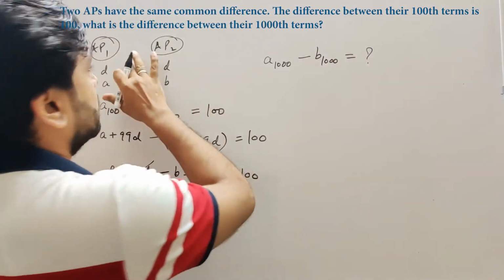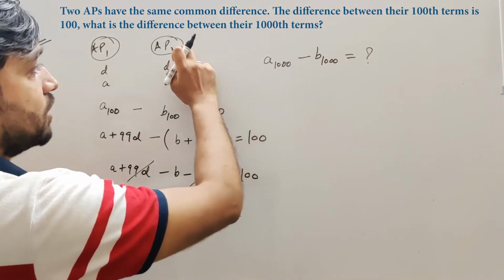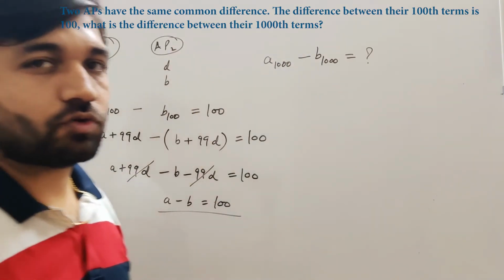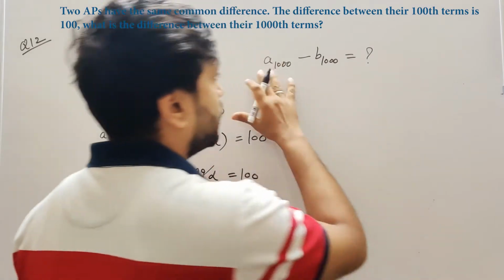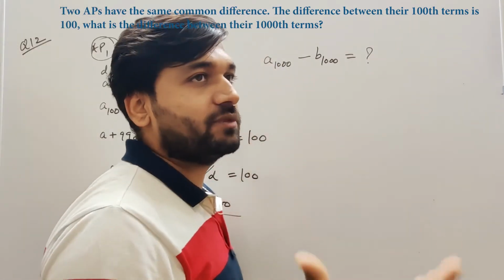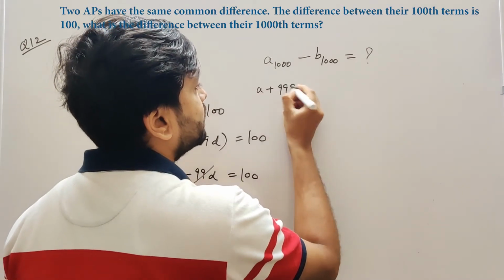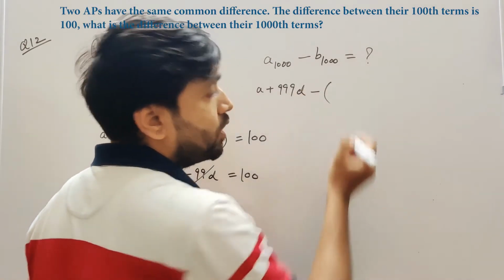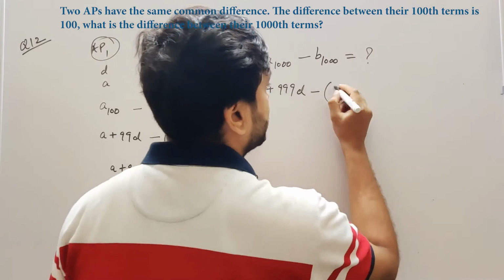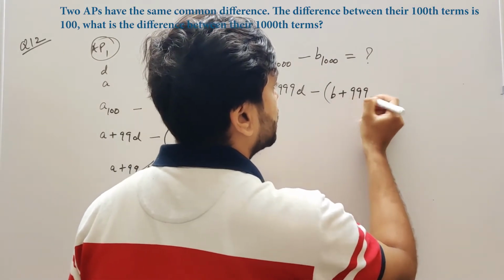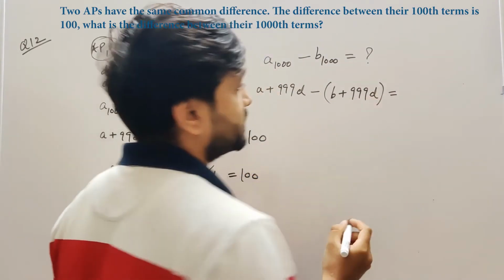The 1000th term of the first A.P. and the 1000th term of the second A.P. we denoted by B1000. So what is A1000? Again using the same formula, A plus n minus 1 into d. So A plus 999d minus, put the brackets, B1000, which is B plus 999d, is equal to what we need to find.